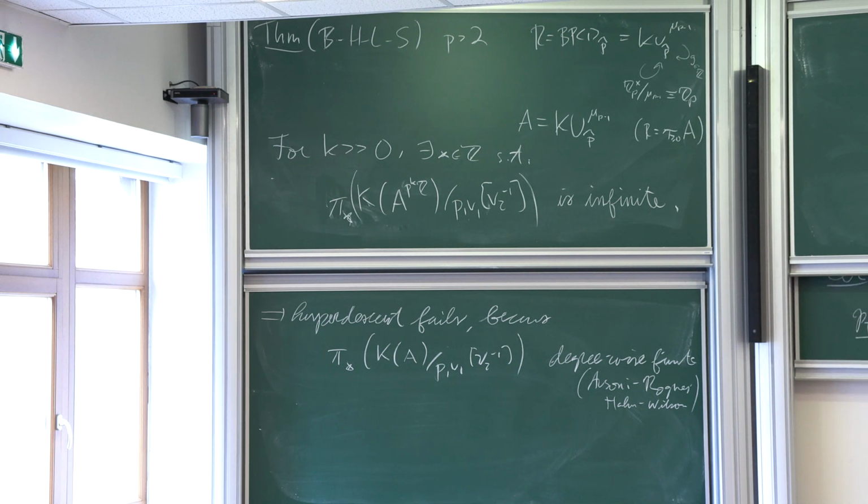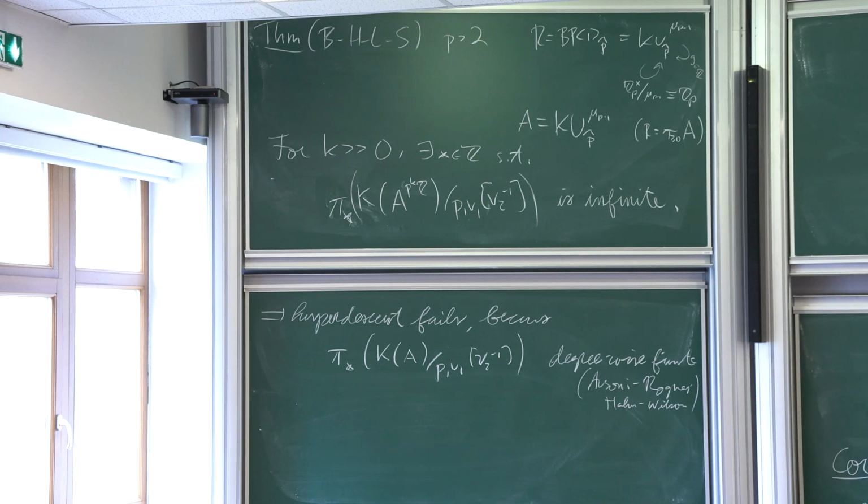That's fixed points for p to the k. Exactly. I mean, once you know this holds for some k, then it actually has to hold for k equals 1. But the argument goes via some k.